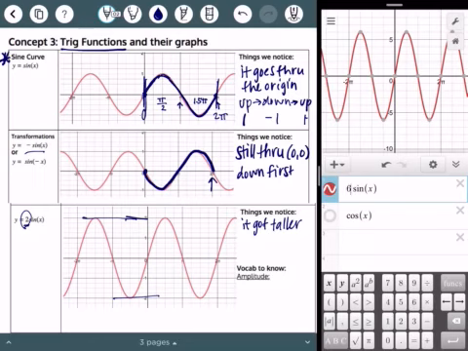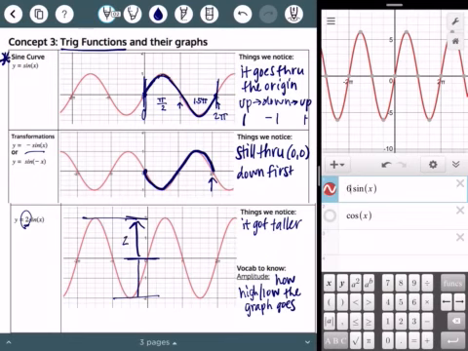So that is what we call amplitude. And amplitude is how high or low the graph goes. If we start at the center of the graph, we can see how high it goes. This would be 2.